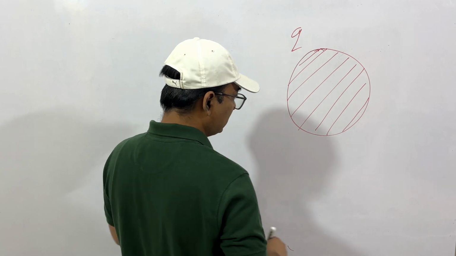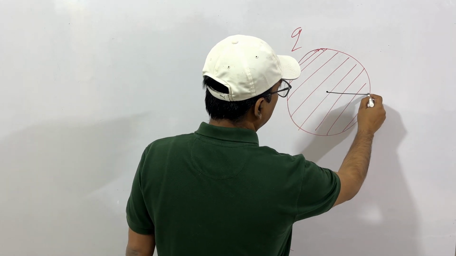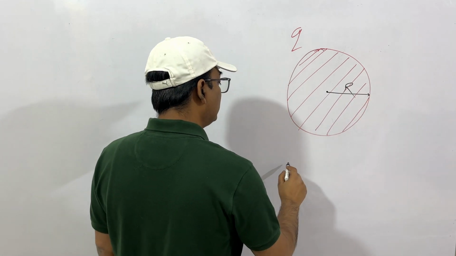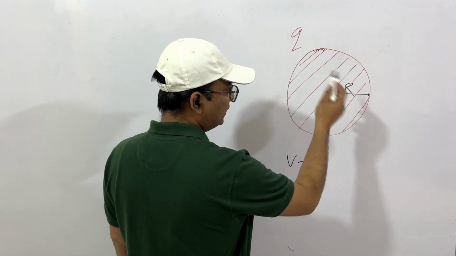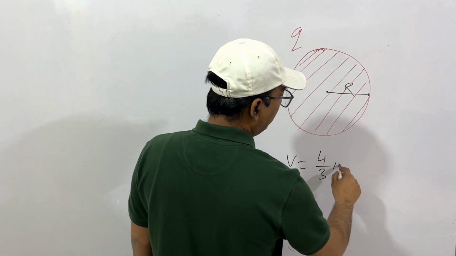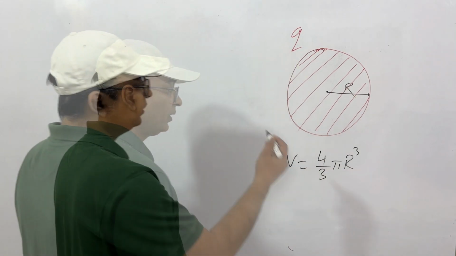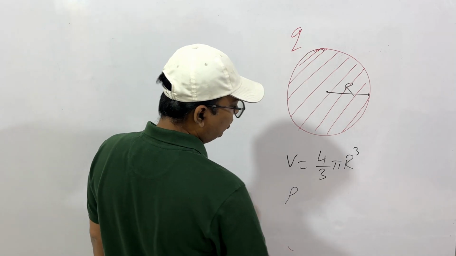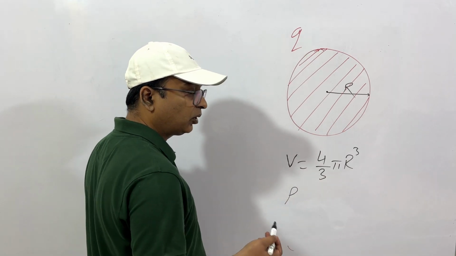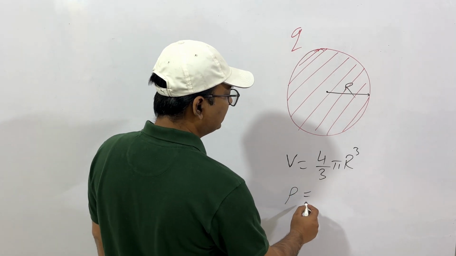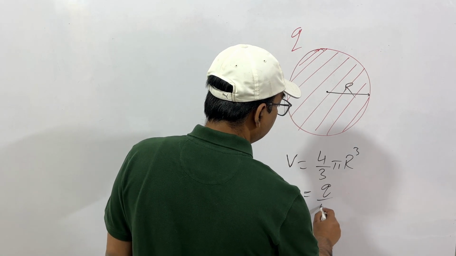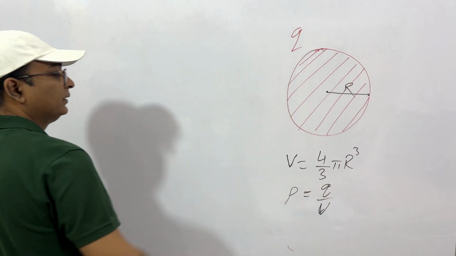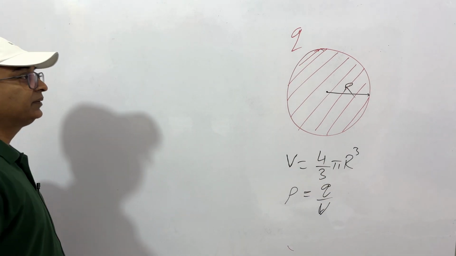So if it is volume charge density and the radius is, let's say, capital R, then you know the volume of this sphere will be 4 by 3 pi R cube. This you know. So your volume charge density, that is represented normally by rho, is given by charge by volume. Okay. So you have rho equal to q by V.